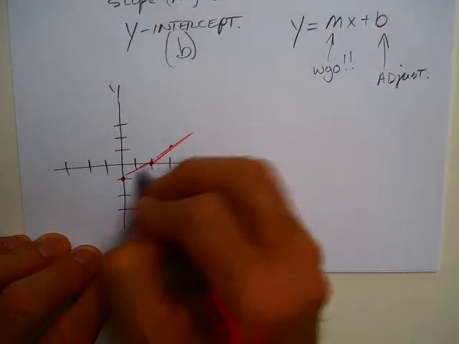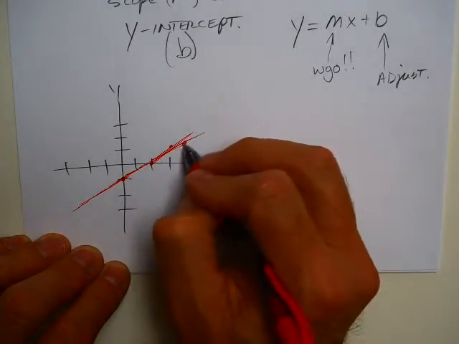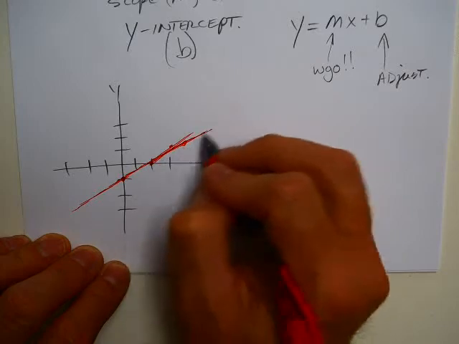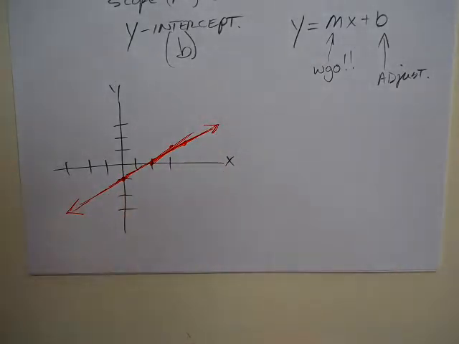Oops, I don't know that I did that very well. This point should be out over here. Looking at the graph, can you tell me what the slope is? Anybody tell me what the slope is?